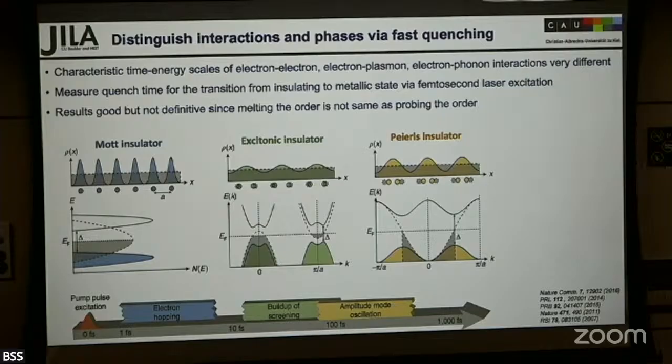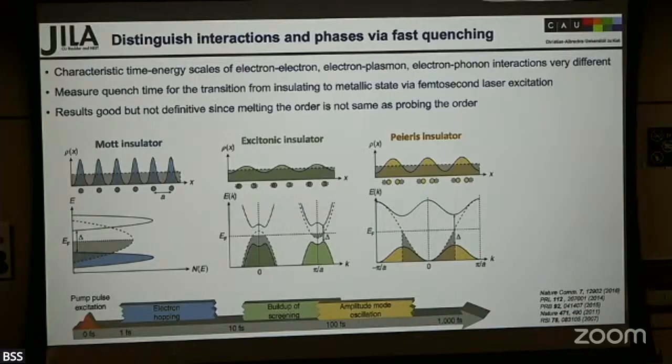But we realized in retrospect that it is not a very good hypothesis, because if you drive it through the phase transition, you're not in the ground state anymore. In many cases it will be laser fluence dependent, how much energy you put into the system. So that response time is not really an intrinsic property of the material.